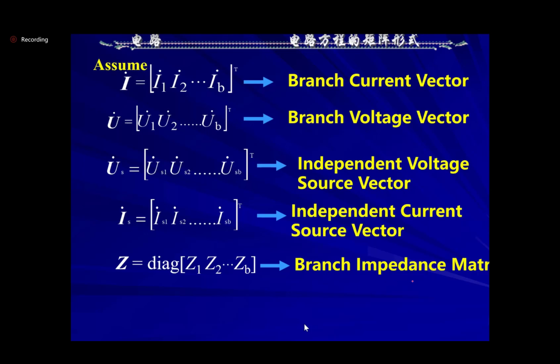The branch impedance matrix is diagonal, Z1, Z2, ZB, with 0 elsewhere. Only the diagonal line has components. All the others are 0.